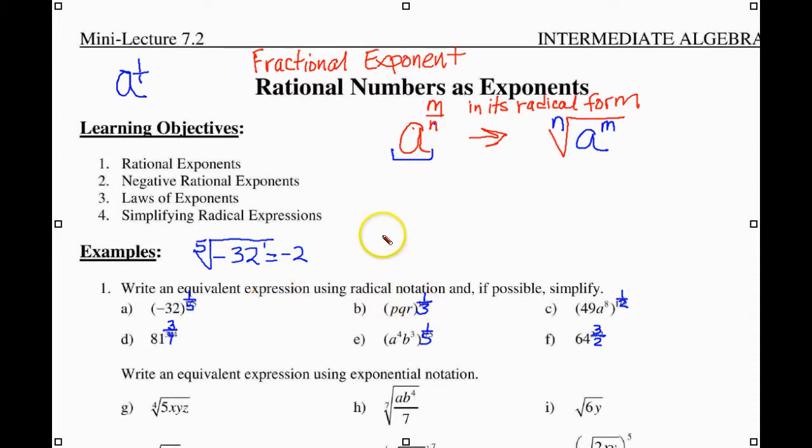And this one, again, our radical sign, our radicand will be PQR. Our exponent, since it's just going to be to the first, we don't really have to write it. We didn't have to write it there. This will be to the 5th. That's our, oh, it's to the 3rd actually.